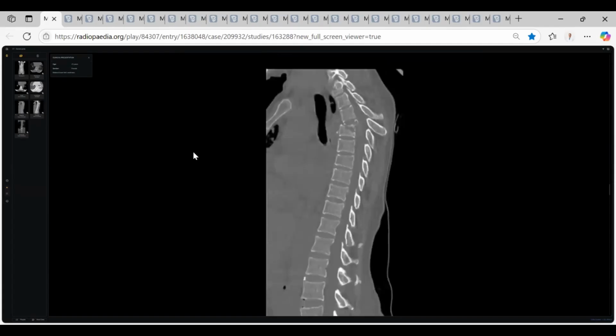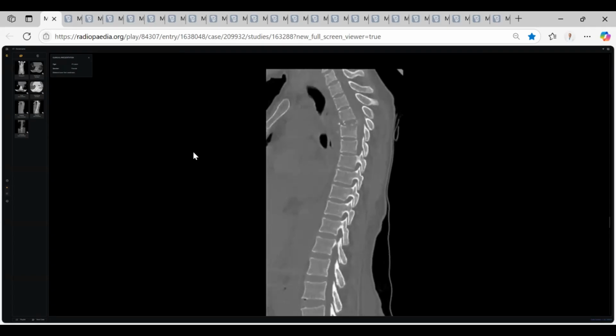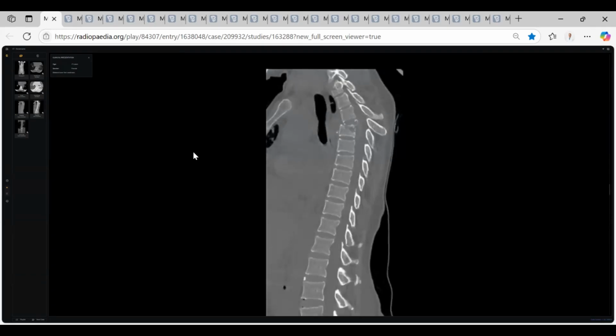Second, the examiner didn't inform you about any history other than bilateral lower limb weakness. So you can understand there is no trauma. Here, see, there is some soft tissue thickening. How could I detect it?